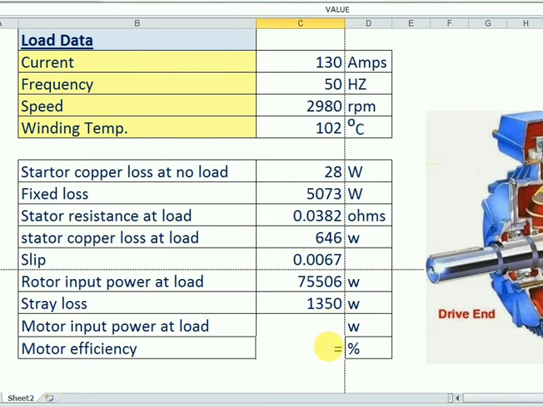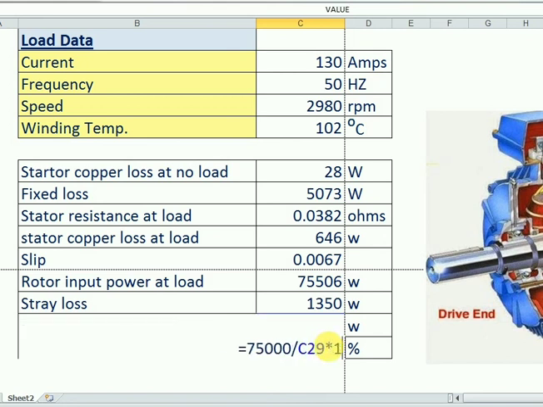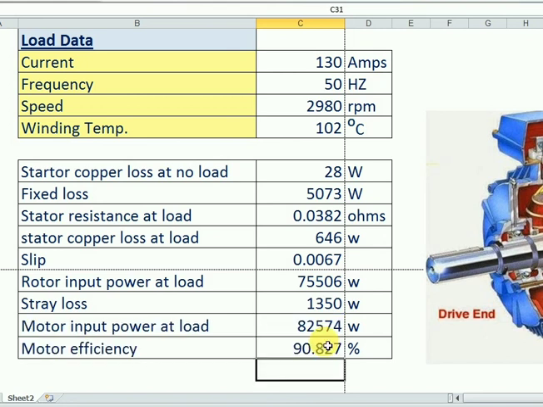So 91% motor efficiency is there, and a 9% loss. We can identify the 9% loss individually. The fixed loss is almost 5 kilowatt. If you want to make a percentage, you can do it for the individual losses.